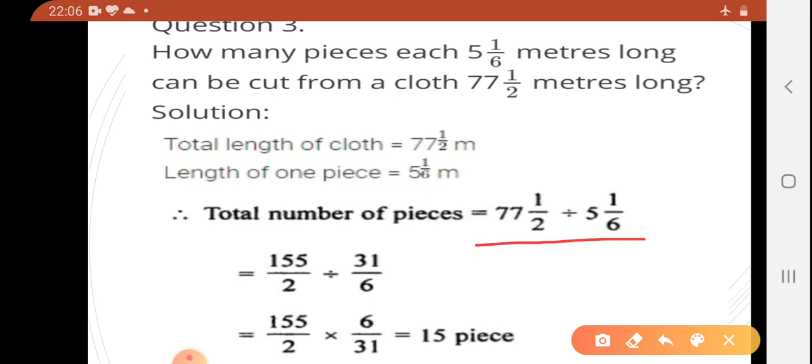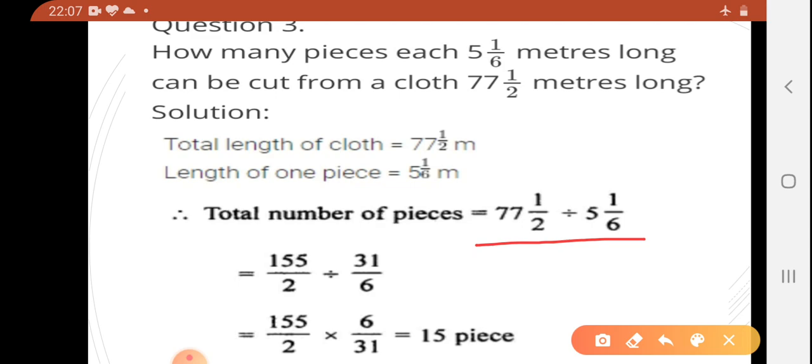This is important: which fraction you write first and which fraction you write next. Because here you are dividing and the second fraction will be reciprocated. So keep in mind which fraction is kept first and which is kept in the second position.